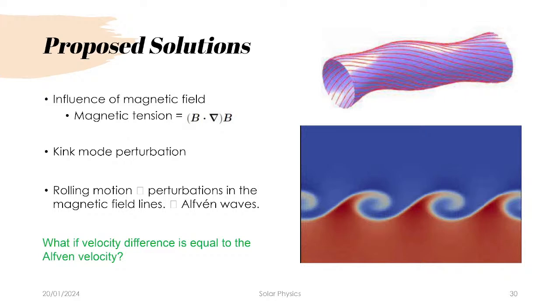But when the perturbation is too high or the magnetic field is too low, then we start observing the Kelvin-Helmholtz instability. And when KHI starts setting in, that will ultimately lead to a perturbation in the magnetic field.